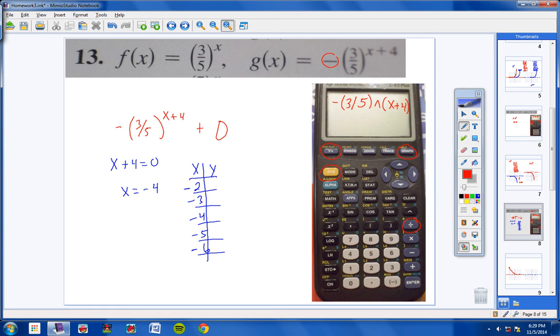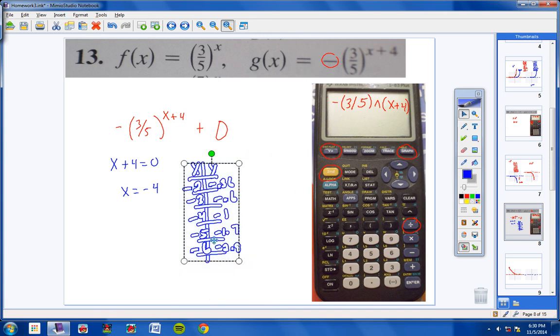Okay. Now let's see what happens here. We should have negative 2 would be negative 0.36. Negative 3 is negative 0.6. Negative 4 is negative 1. Negative 5 is negative 1.7. And negative 6 would be negative 2.8.